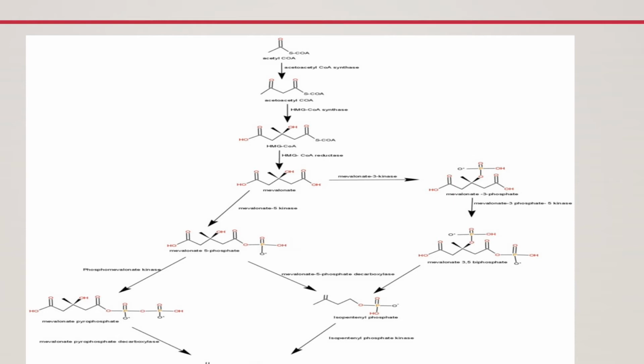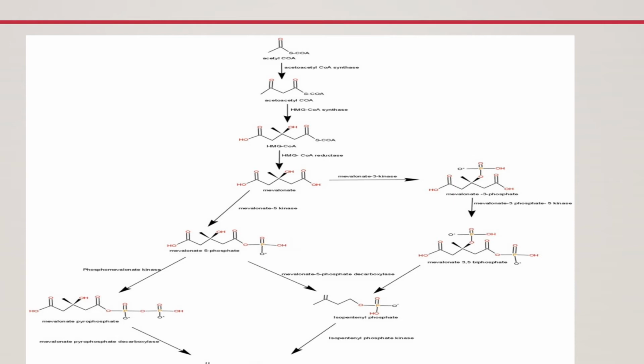Two molecules of acetyl-CoA combine to form acetoacetyl-CoA. Again, acetoacetyl-CoA, with the help of the enzyme HMG-CoA synthase, condenses with another acetyl-CoA to form 3-hydroxy 3-methylglutaryl CoA, which is called HMG-CoA.